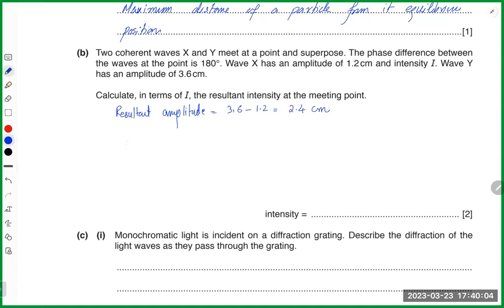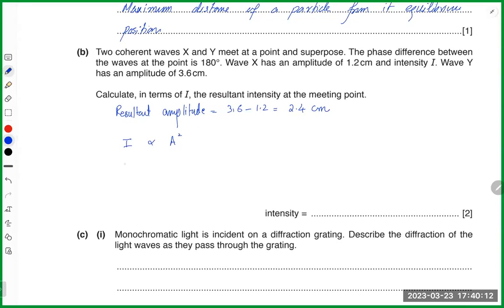Now, intensity and amplitude squared are proportional. So if intensity is I, amplitude is 1.2 squared. If it is 2.4 squared, intensity is X. They are supposed to cross multiply because they're directly proportional.